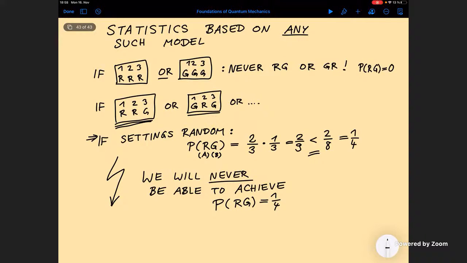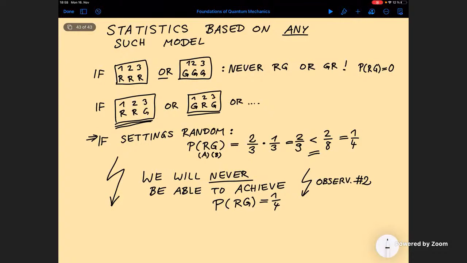So this contradicts observation number 2. And that's pretty bad, yeah? Because we didn't make any very detailed assumptions. We only said there are some pre-existing properties. We were restrained a little bit in order to produce the perfect correlations when you have the same settings.